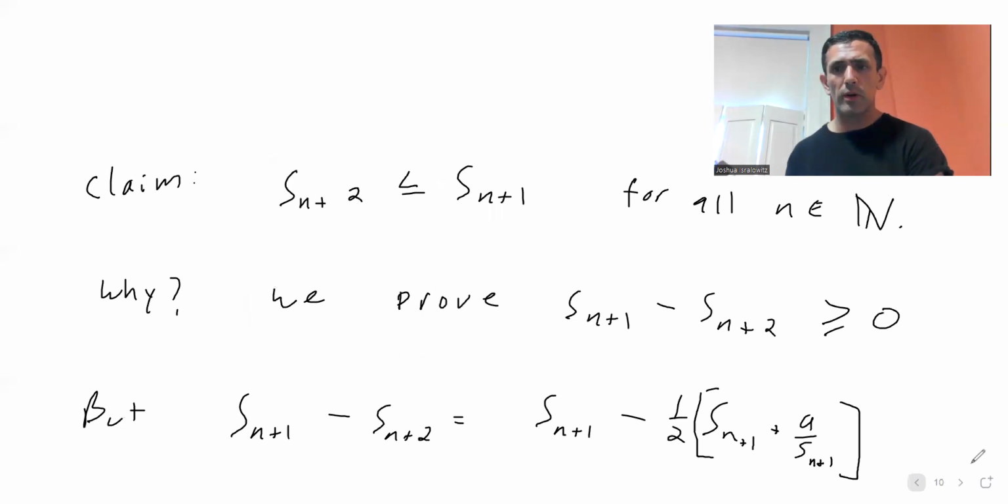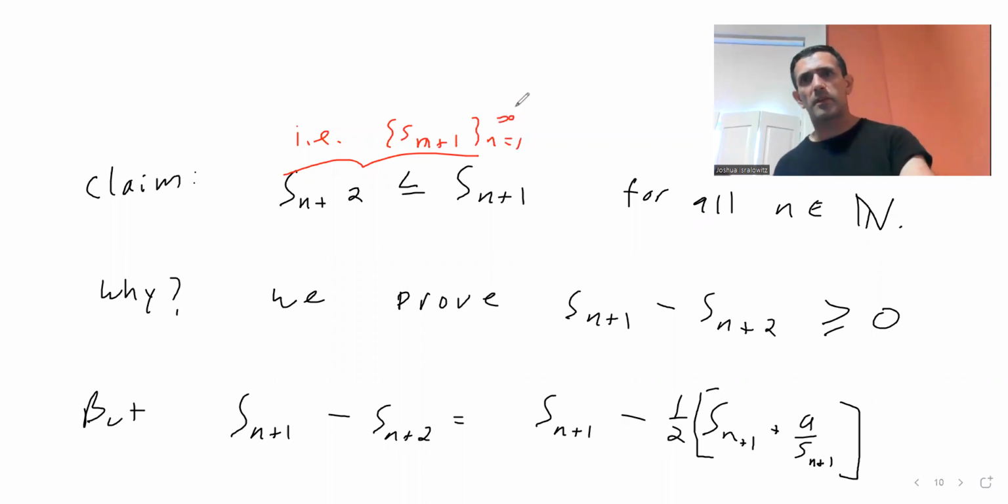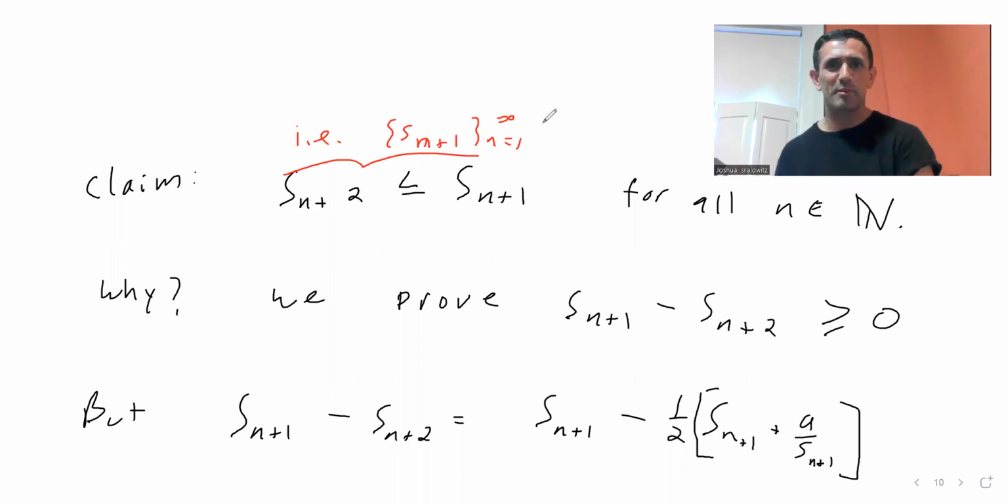So what have we proved? In other words, this is saying the one-tail, the S tail, is decreasing.